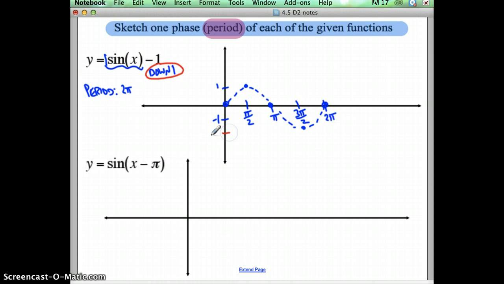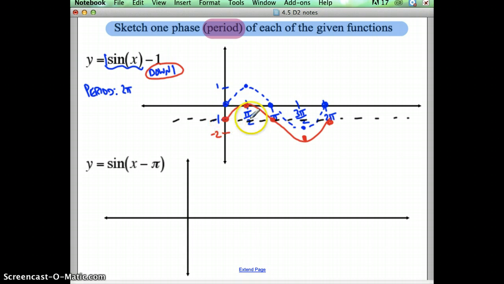So I'm going to have to add another tick mark. Every point's going to go down 1. That's down 1, this is down 1, this shifts down 1, this shifts down 1, and that one shifts down 1. Okay, and then connect the dots with a curve. Now can you imagine a little horizontal line at -1?